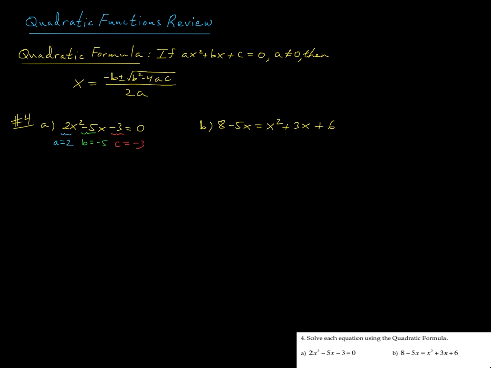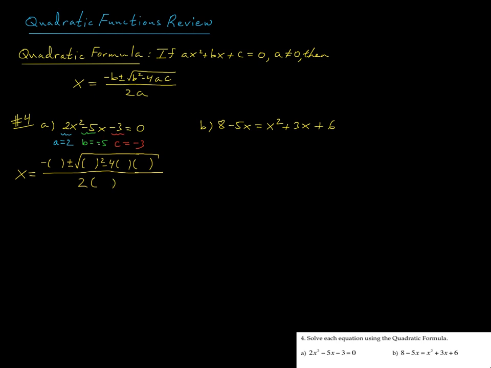All right, so what I can do here is just jump straight to the solutions. So I'm going to have the opposite of b plus or minus the square root of b squared minus 4 times a times c, and divide that all by 2a. So I'm just creating this sort of plug-in skeleton here.